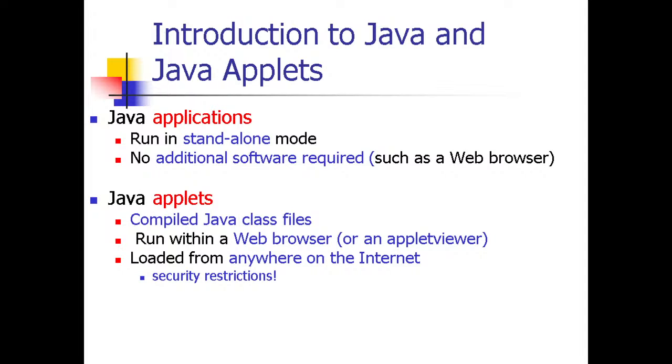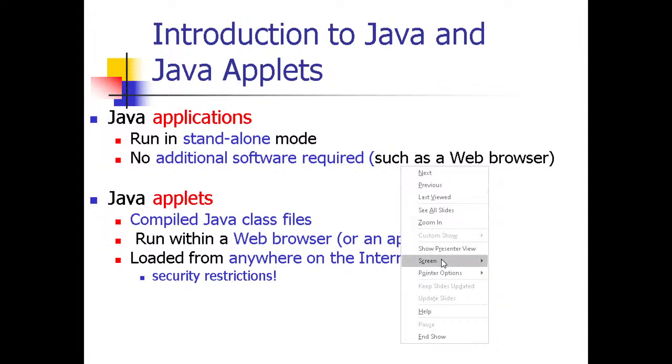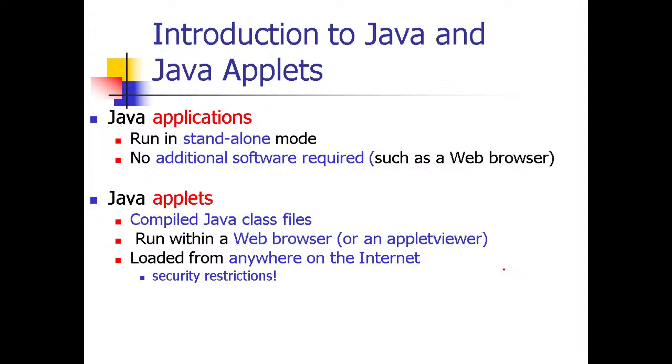Now we have to discuss the difference between the two different applications of Java programming. Java programming supports standalone machine mode as well as browser mode. If we are talking about standalone applications, these are our Java applications, and for that we don't require any other software.